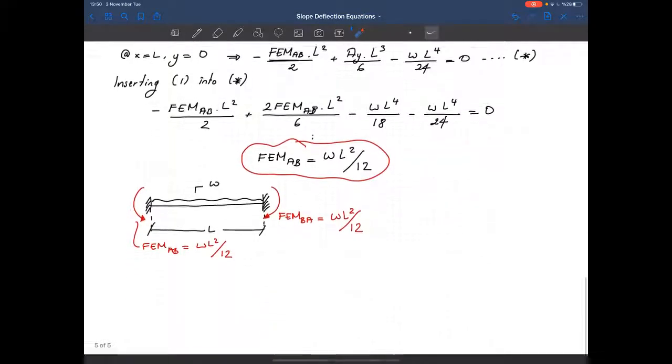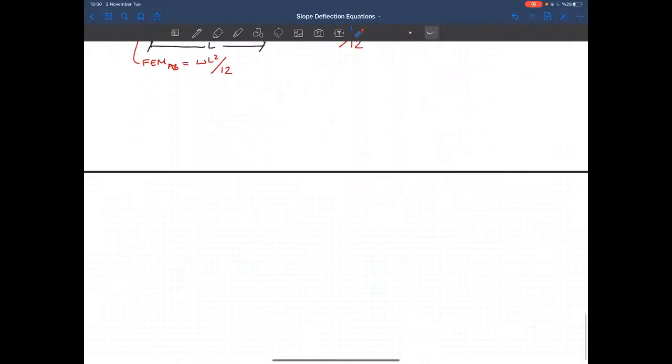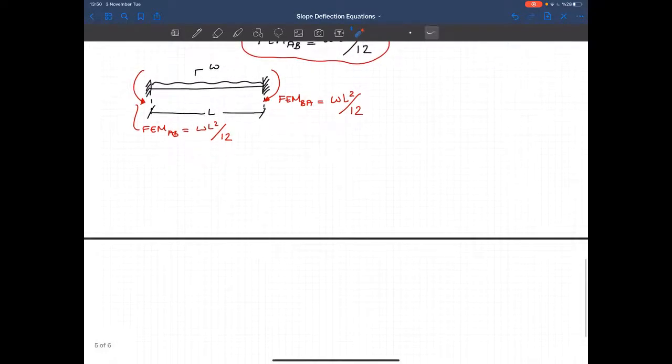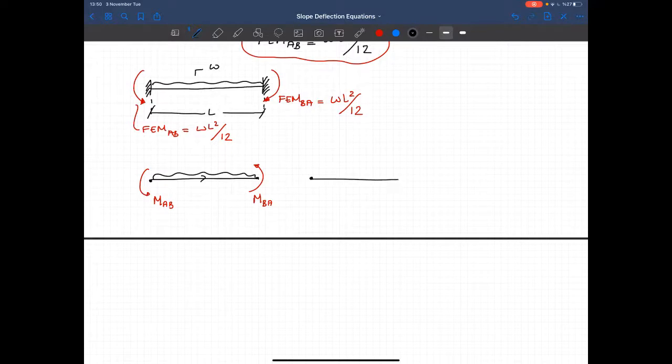So if I have a member, let's draw that member. Let's say that I have this member under uniform distributed loading, and I got MAB here and MBA here, and the deformed shape of that member is defined as follows.